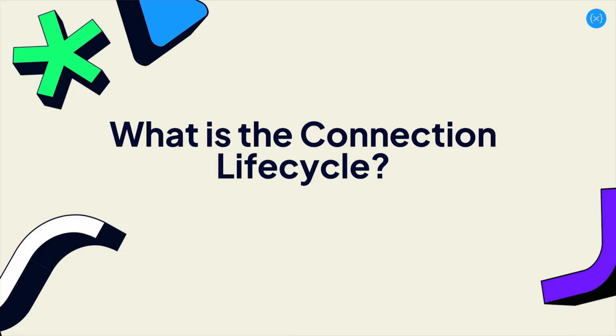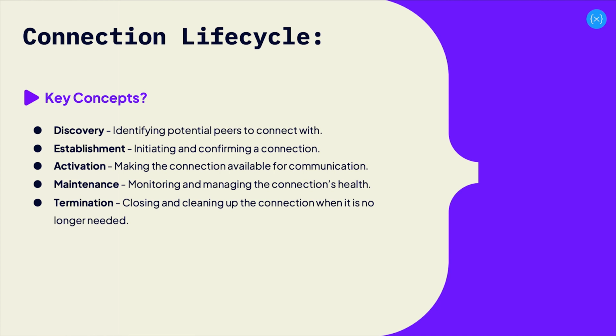The next section is peer object and connection lifecycle. A peer represents another participant in an overlay network. The lifecycle of the peer connection typically includes discovery, which is identifying potential peers to connect with; establishment, initiating and confirming the connection; activation, making the connection available for communication; maintenance of that connection, which is monitoring and managing the connection's health; and then terminating, closing and cleaning up the connection when it's no longer needed.